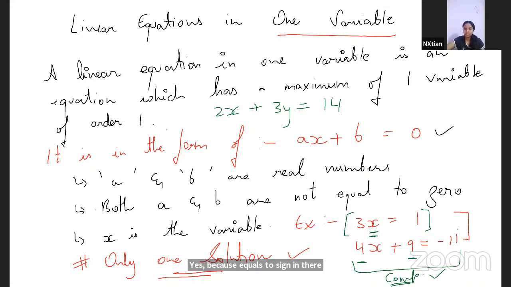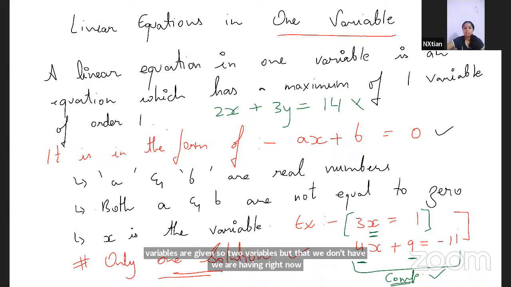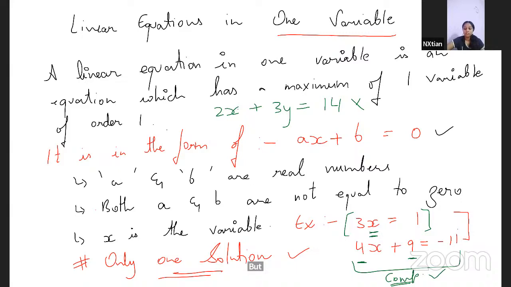But this is an equation in two variables. Why? Because x is given, y is also given. Two variables are given. That we don't have right now. But if it was only 2x plus 3, then it would be only one variable, right?